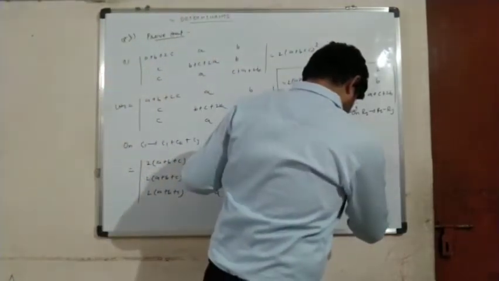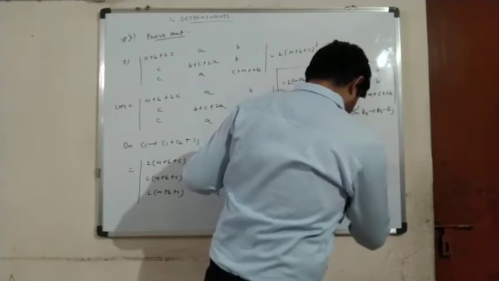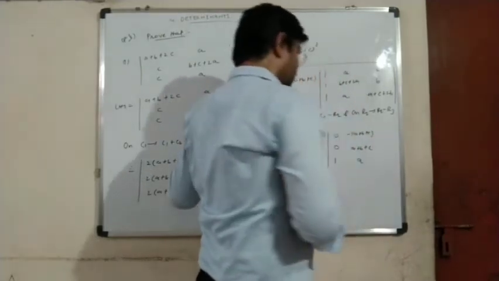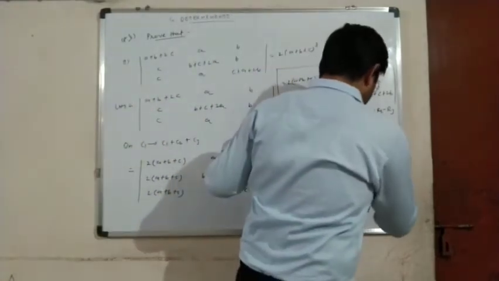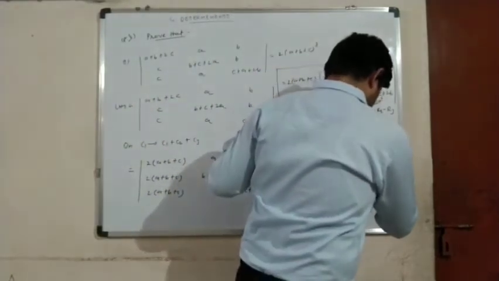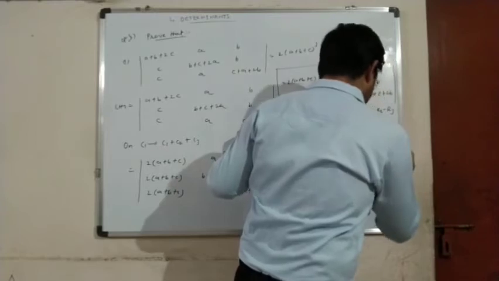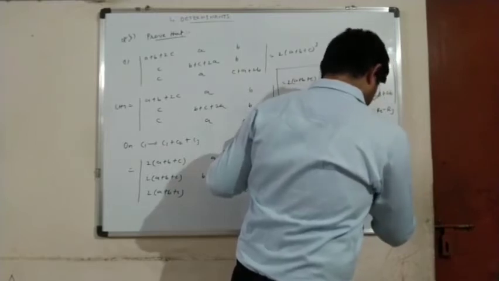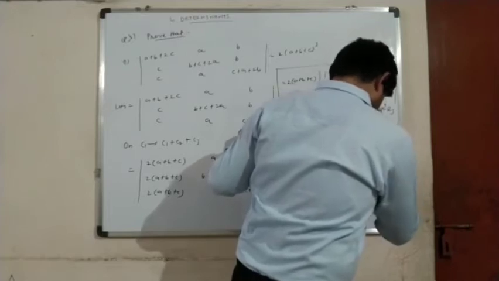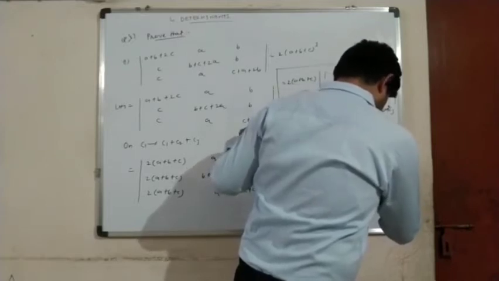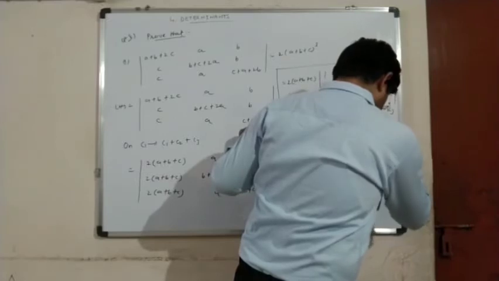Then a plus b plus c in the second term and third term is a as it is. Okay, b minus b will be 0 and here we get a plus b plus c minus of a plus b plus c, and the third term will be a plus c plus 2b.